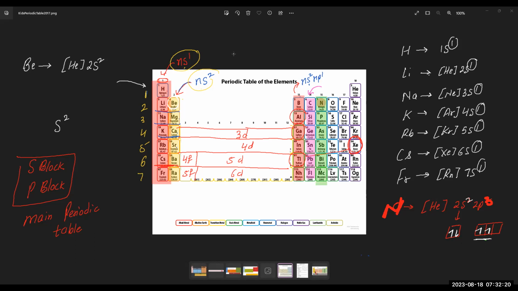Schuyler is already writing it. ns2, np3. Now you can see that this is ns2, np1. Carbon is ns2, np2. And nitrogen is ns2, np3. Oxygen will be ns2, np4. Fluorine will be ns2, np5.